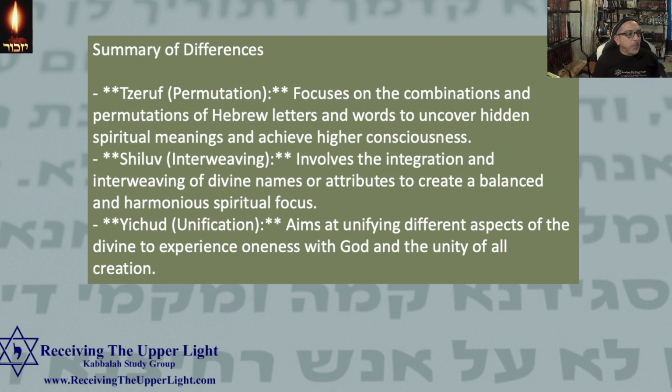Especially Shiluv and Yichud can be seen as probably the same because of the way the letters are put together, for example with the Yohe and Vahe and Adonai, but the intention is going to be different, so keep that in mind. So this is it for this second lesson on Kabbalistic meditation techniques.